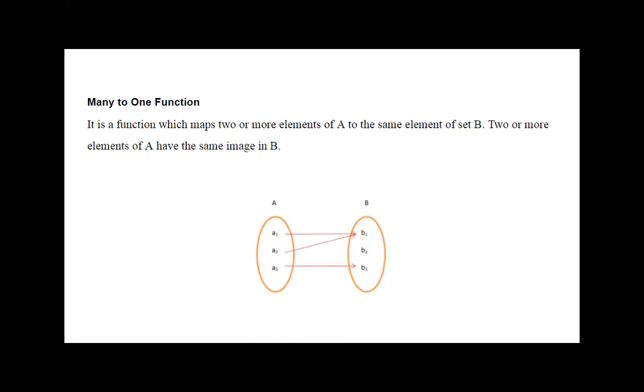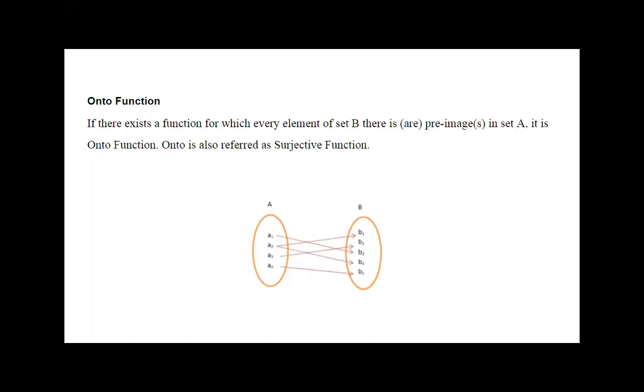Here a1, a2 and a3 are assigned to elements of B. As it is many to one, a1 and a2 are connected to b1 and a3 is connected to b3. This is a many to one function.